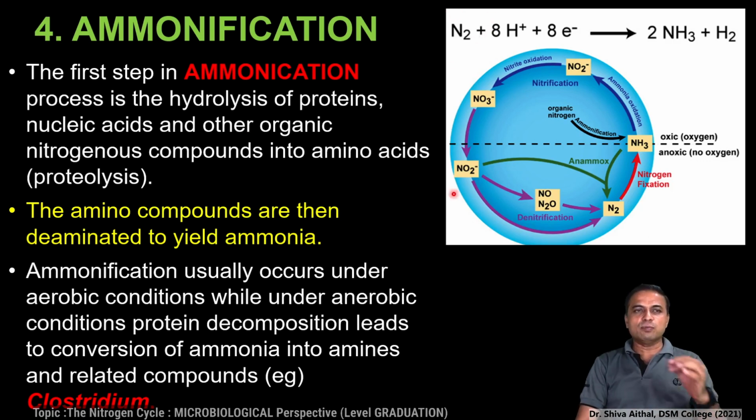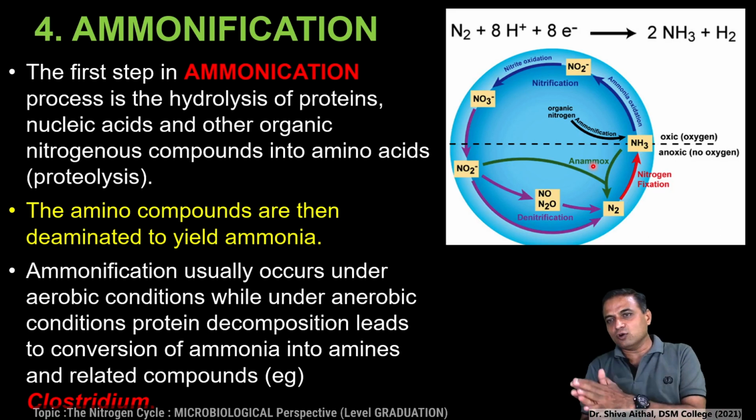The first step in ammonification is hydrolysis of proteins, nucleic acids, etc. Amino compounds are then deaminated to yield ammonia. Here you can see these amino compounds are deaminated to form ammonia. Ammonification usually occurs under aerobic conditions, and under anaerobic conditions, protein decomposition leads to formation of amines and related compounds also.